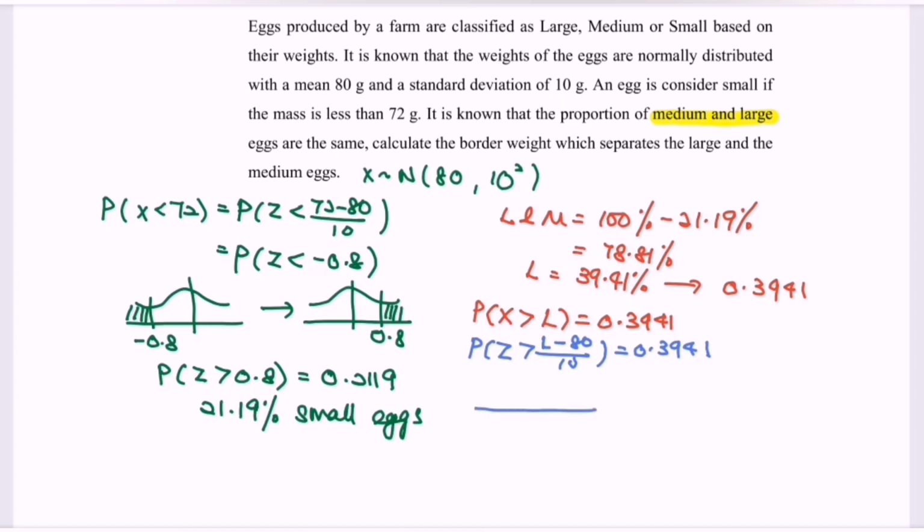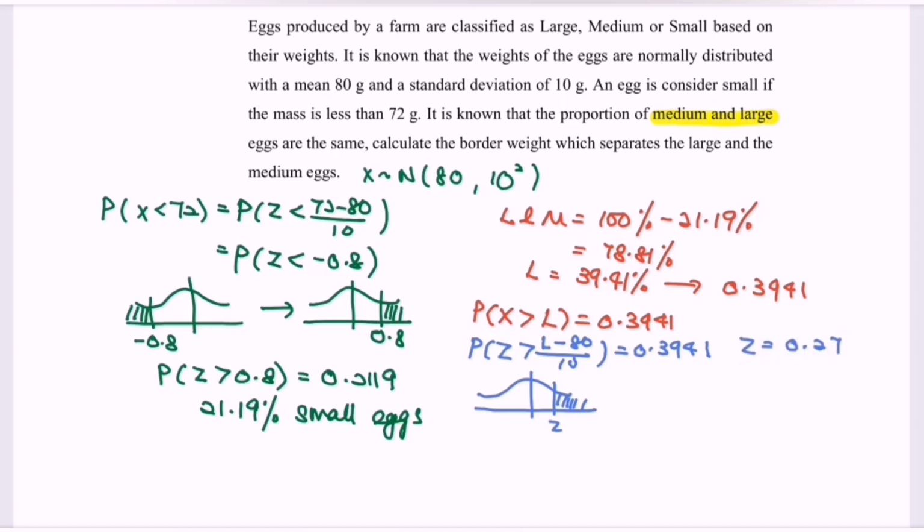If you refer to the diagram, Z will be located on the right hand side. So the answer will be the same, or we can say the formula will be the same. If you refer to the statistical table, we notice that the probability of 0.3941, the Z is equal to 0.27.